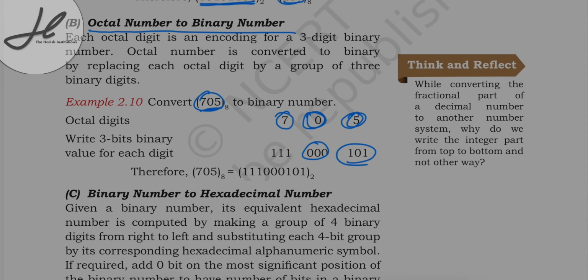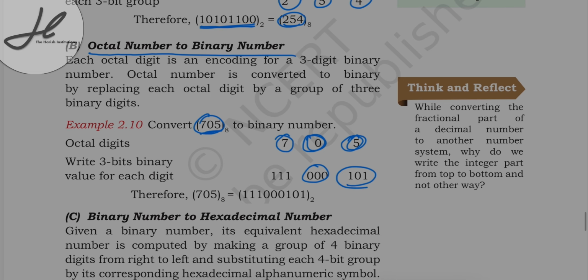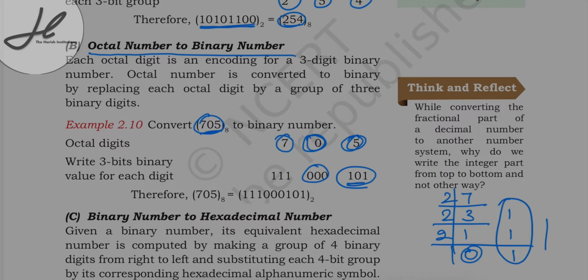And always remember, if we are converting octal to binary or binary to octal, we will group 3 bits of binary numbers into one. That's why we are writing 3 digits here. Okay. Then 7, when it's converted: 7 divided by 2 is 3, remainder is 1. 3 divided by 2, remainder 1, and quotient 1. 1 divided by 2, remainder 1, and quotient is 0. Quotient is 0, we stop and we write the remainders from bottom to top. So 111.